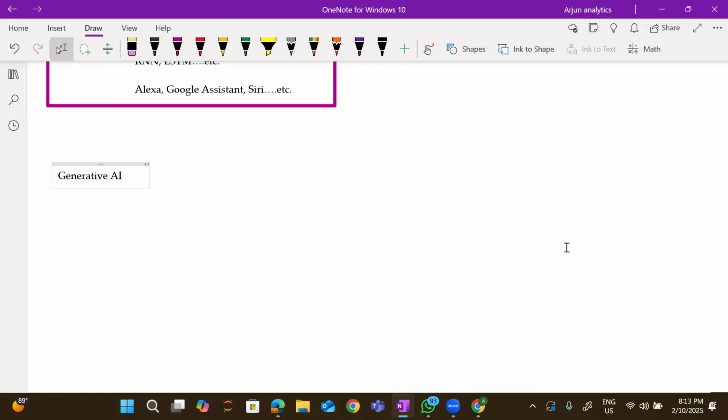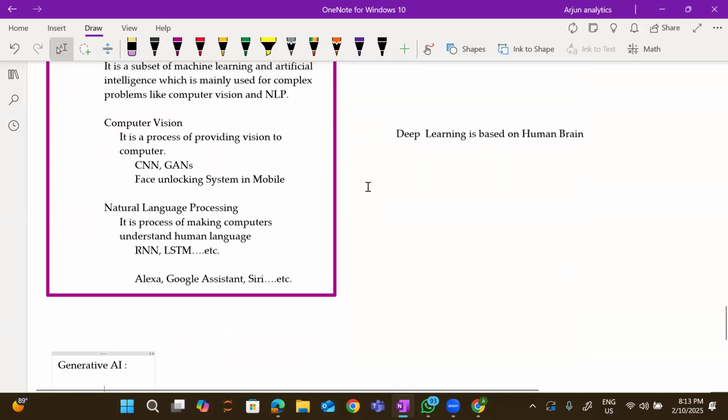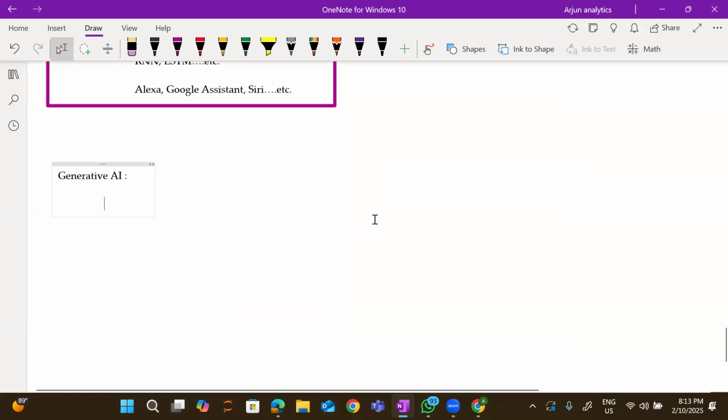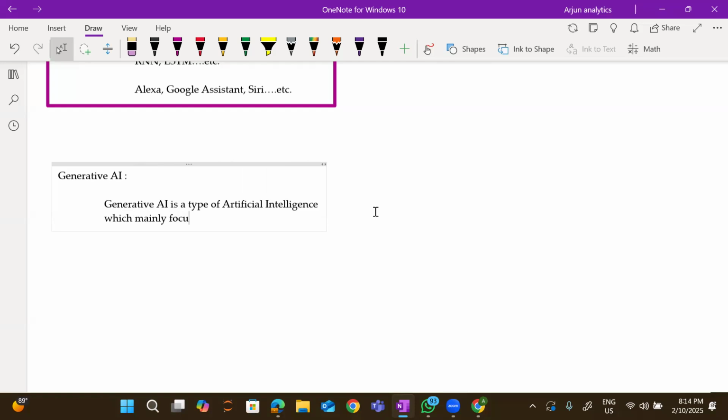It will altogether create new content. Generative AI is a type of artificial intelligence, or you can say a branch of artificial intelligence, which mainly focuses on creating new content.